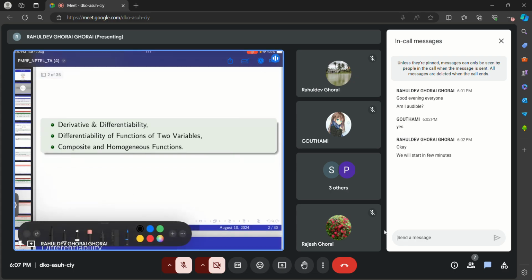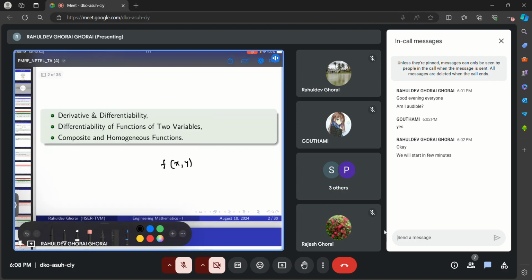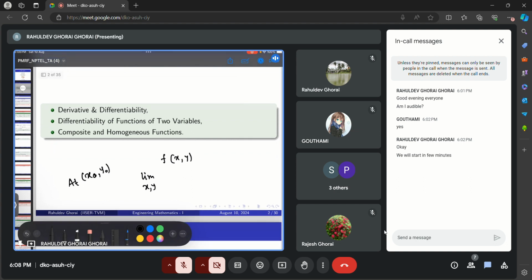So if you have a function f, with value taken at x, y, where x and y are real numbers, you want to check at x naught, y naught whether this function is continuous or not. You take the limit of f of x, y as (x, y) tends to (x naught, y naught), and that should be f of x naught, y naught.